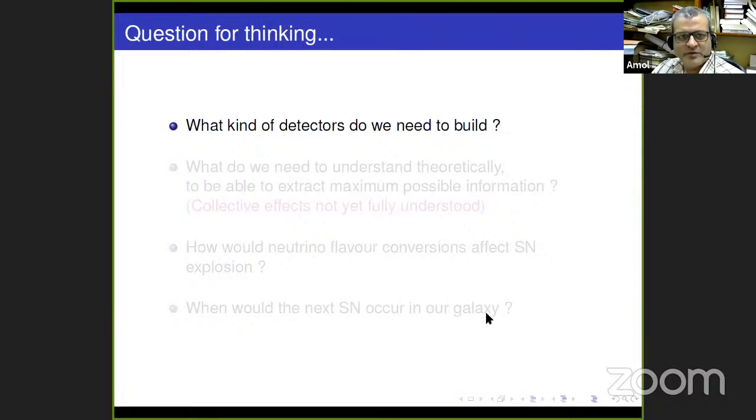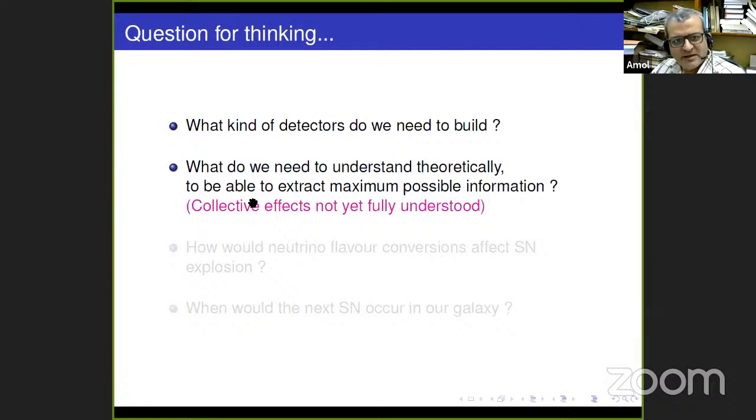So we are at the end of my series of 3 talks, and as usual, I will leave you with questions for thinking. One question is, what kind of detectors do we need to build? We know what detectors we have, but maybe one of you can come up with new ideas that people haven't thought about, detectors which can find out complementary information about what we have learned so far.